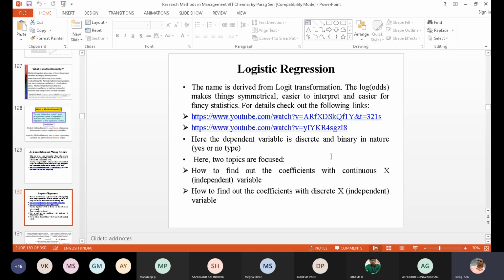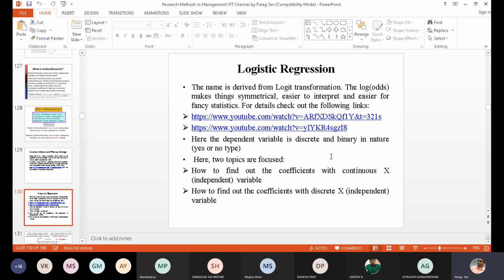But I have already said, while discussing the classification of different regression techniques, that apart from linear regression and non-linear regression, there is another type of regression known as logistic regression, where the dependent variable will have discrete values, for example yes or no type, or 0 or 1 type.